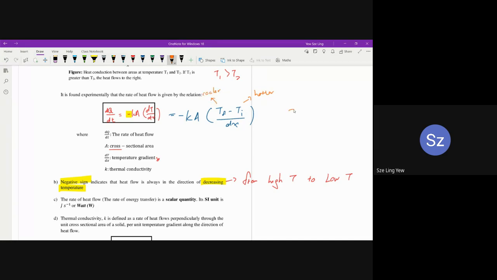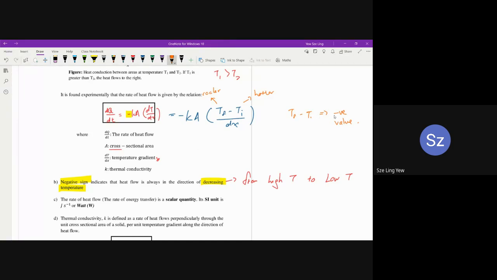So T final minus T initial will give you a negative value. The negative value cancels with the negative sign in the equation. Therefore, your final answer, dQ over dt, must be a positive value.